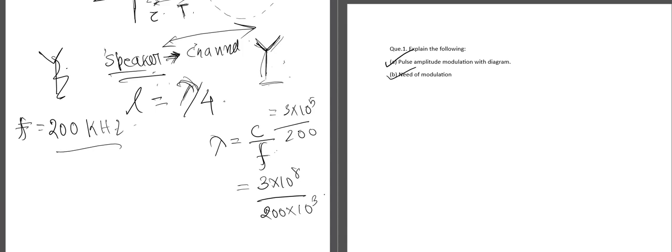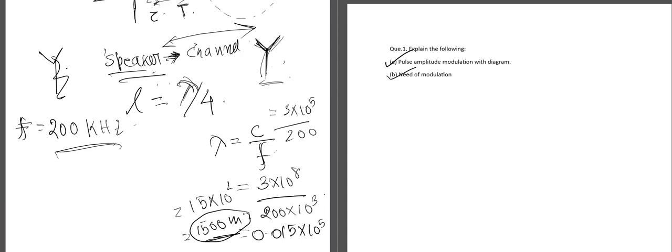We will be getting 0.015 into 10 to the power 5, or 15 into 10 to the power 2, 1500 meters. So if we construct an antenna of 1500 meters, this is not our real world scenario, right? Because the antennas around us are only a few centimeters long. So if we are sending a weak signal, the antenna should be made this large. So this is not possible.